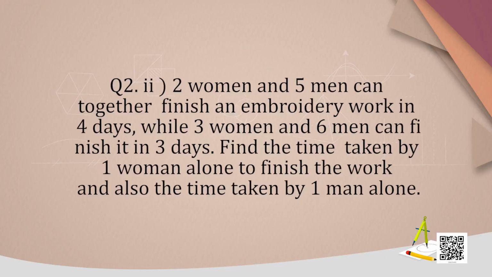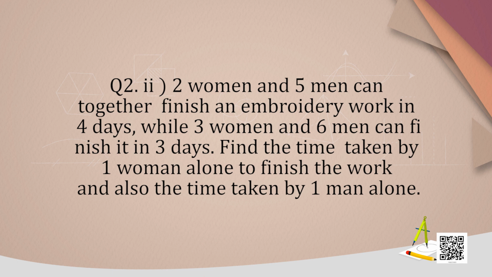This question says 2 women and 5 men can together finish an embroidery work in 4 days, while 3 women and 6 men can finish it in 3 days. Find the time taken by 1 woman alone to finish the work and also the time taken by 1 man alone.